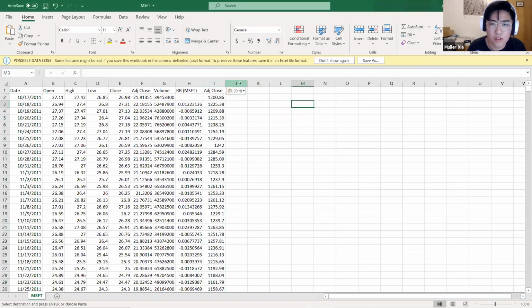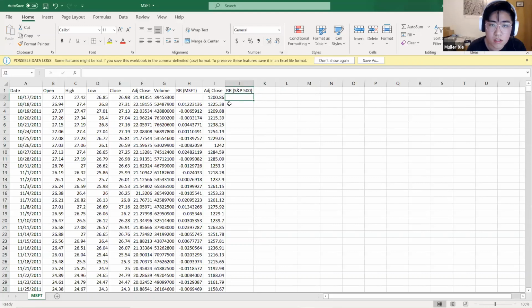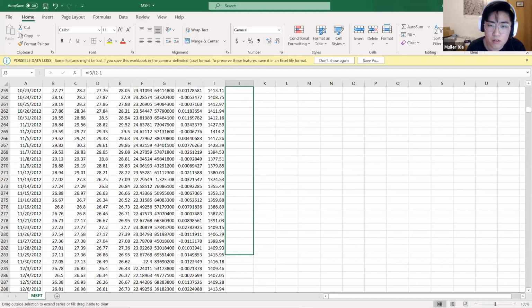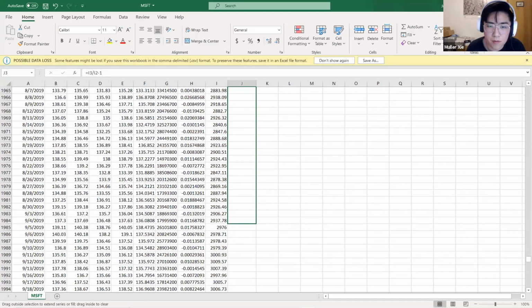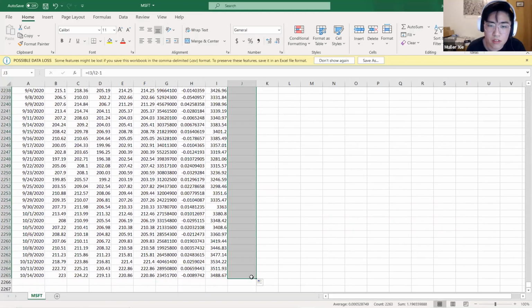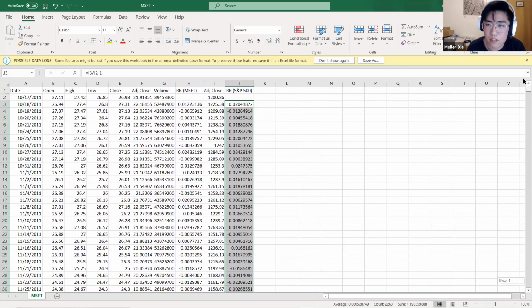From here we also want to calculate the rate of return of the S&P 500, which is this one divided by this one minus 1. Then just scroll this one down to the bottom and copy paste the formula to apply it to the bottom, which will give you the daily rate of return.